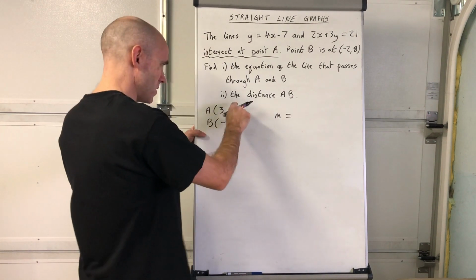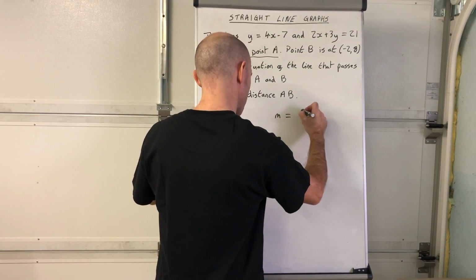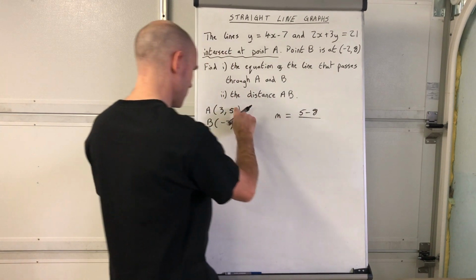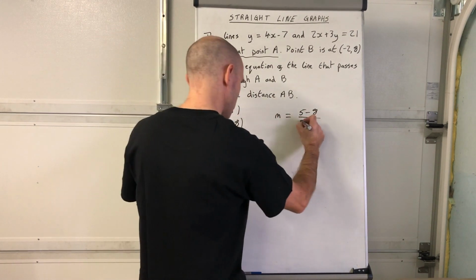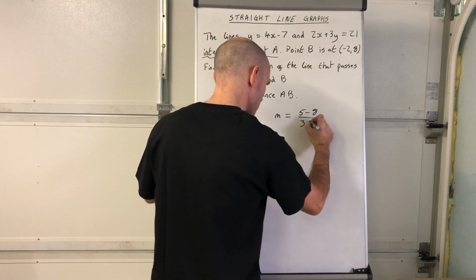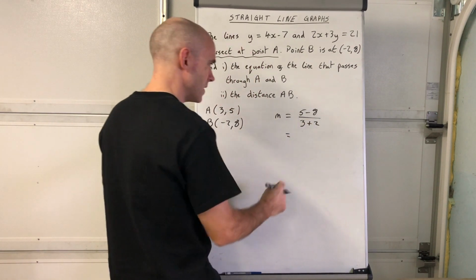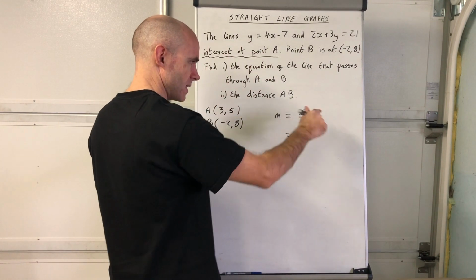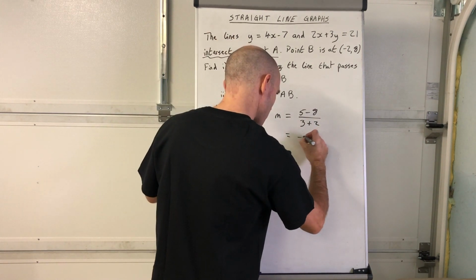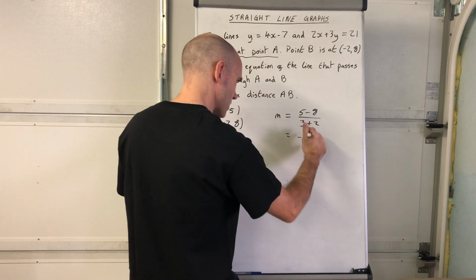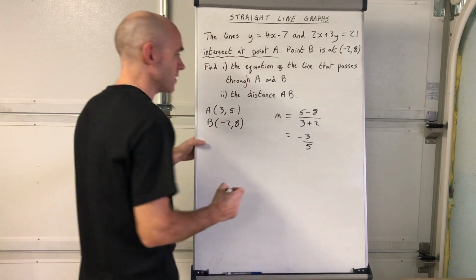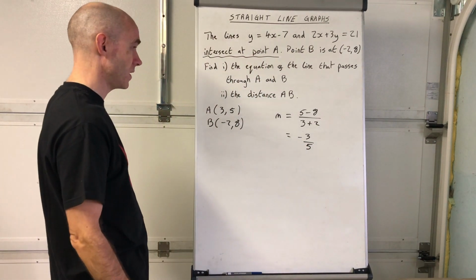So difference in the y coordinates. So 5 subtract 8 on the top there, and on the bottom 3 subtract negative 2. That's the same as 3 plus 2, isn't it? Okay. So 5 subtract 8, that's negative 3. And on the bottom is going to be 5. So negative 3/5. That's the gradient, okay, of the line.